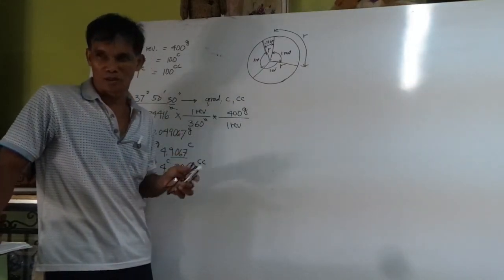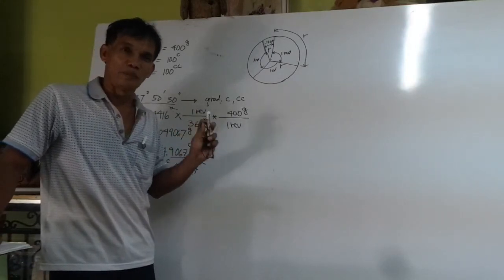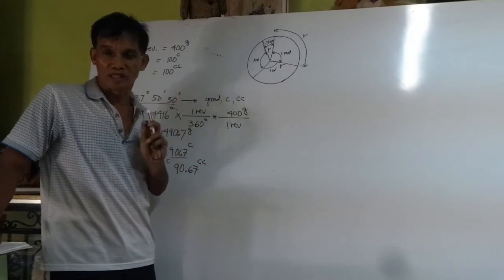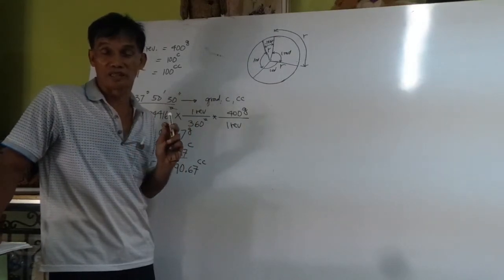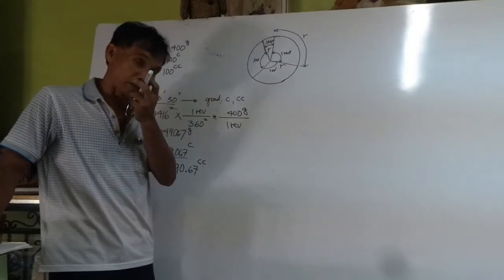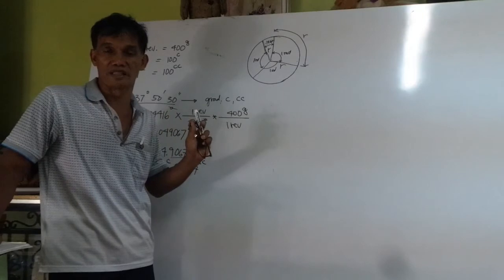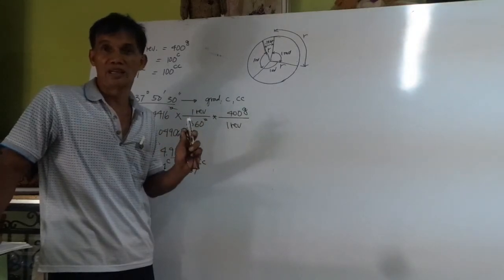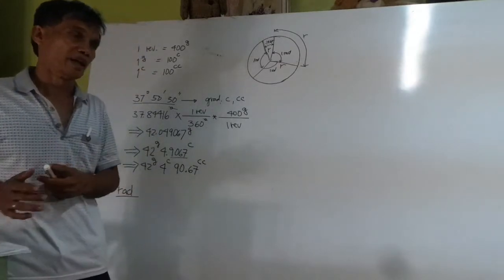We must also memorize that 1 meter is equivalent to 3.28 feet. These are common measurements. Then 1 yard is equivalent to 3 feet. That's so common.